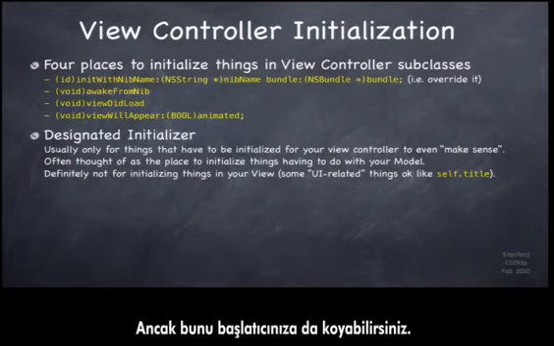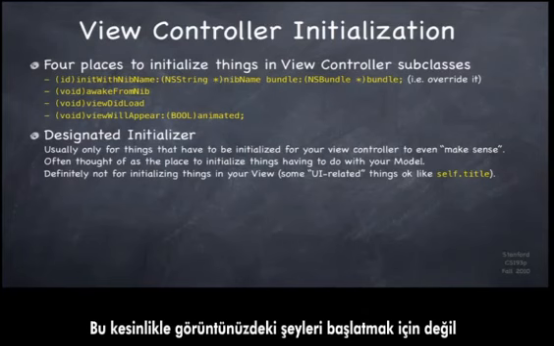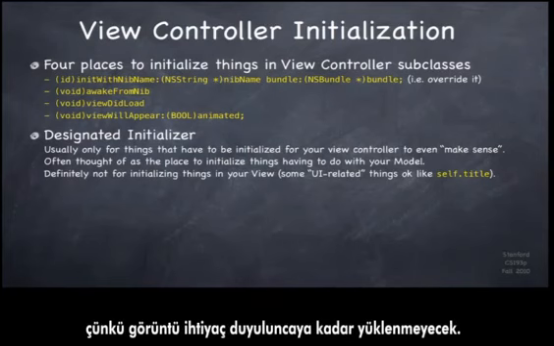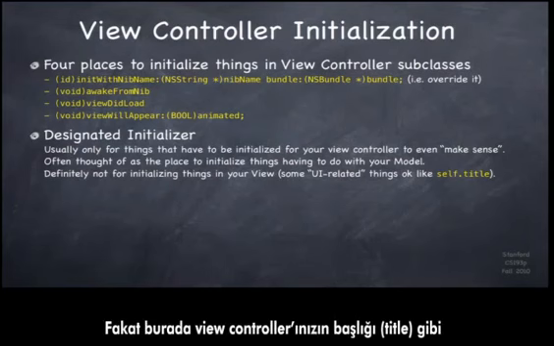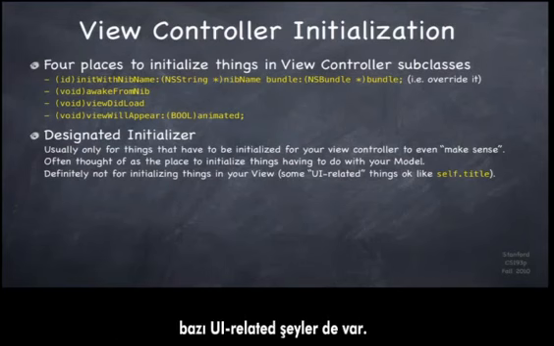But you could put that in your initializer as well. It's definitely not for initializing things in your view, though, because again, your view is not loaded until it's needed. But there are some UI-related things, like the title of your view controller, which might appear in certain places in the UI. We'll see that later today. That you might want to initialize in your designated initializer, possibly.